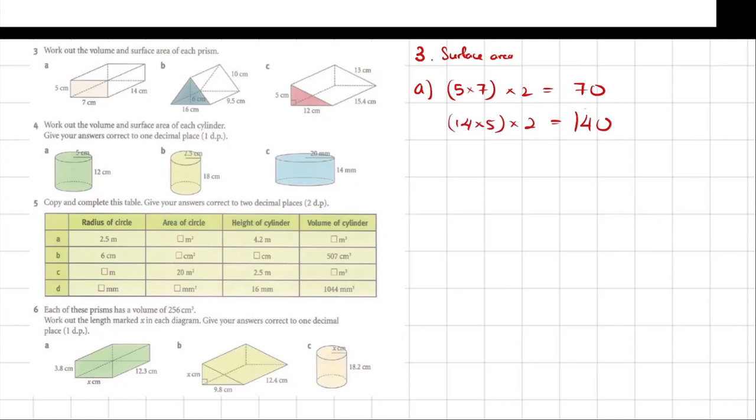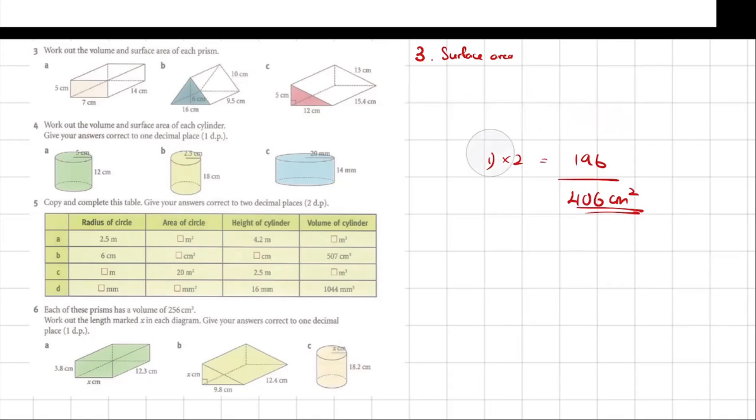And then the top and bottom. So we do the bottom, 7 times 14, and multiply that by 2. 196. Then we add all of them together. Then we get our answer. This is in terms of area. Okay, surface area for the first one, A.